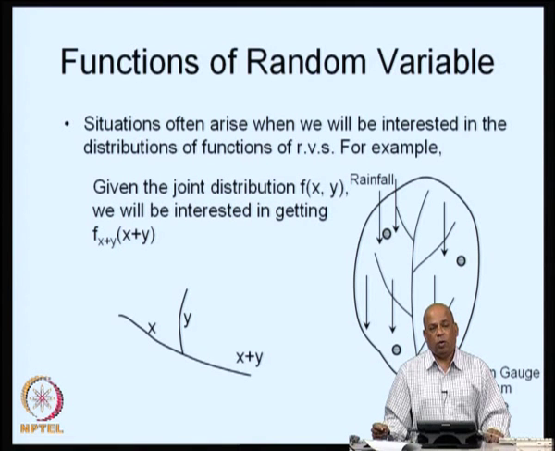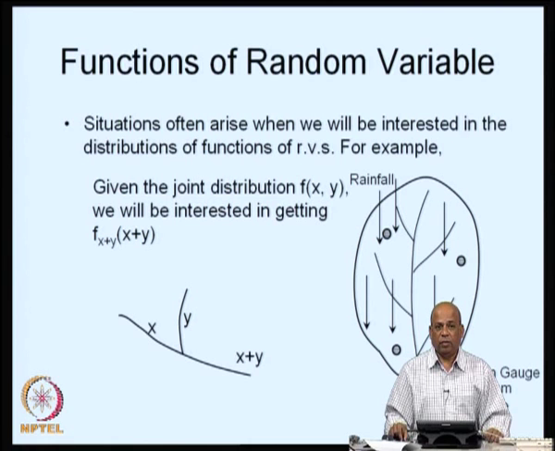Now, we will go on to determining the distributions of functions of random variables. These situations arise quite often in hydrology, where we are interested in getting the distributions of functions of random variables. Let us say there is a stream here and there is another stream here.